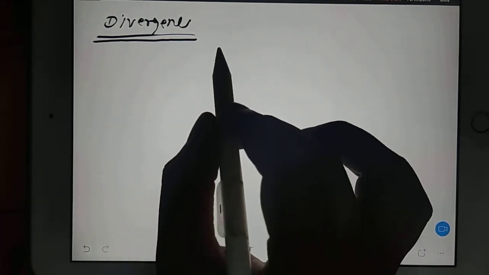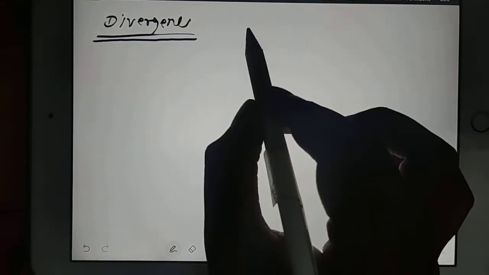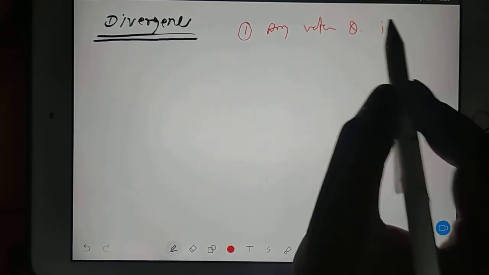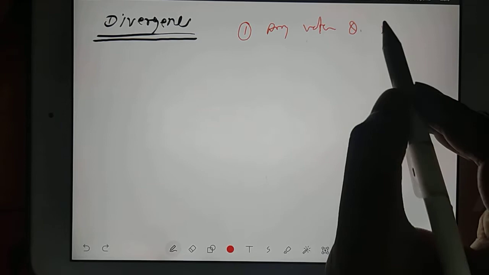Now go for the mathematical meaning of this. First, any vector quantity will be given.